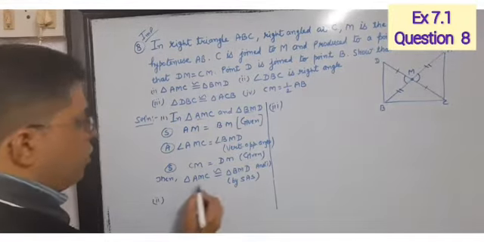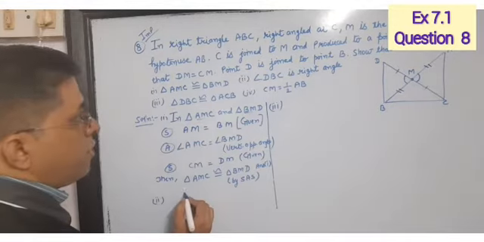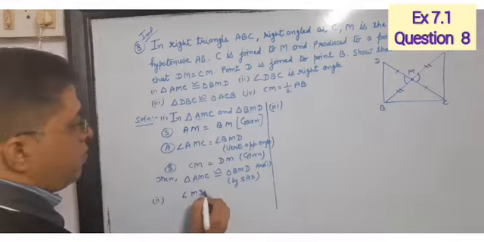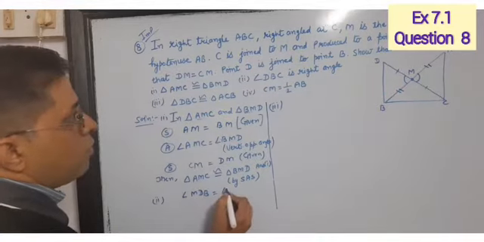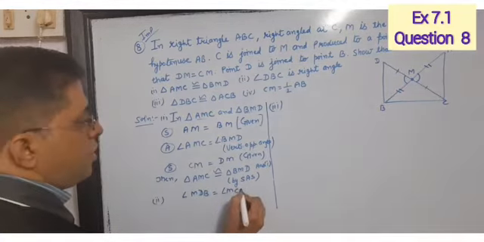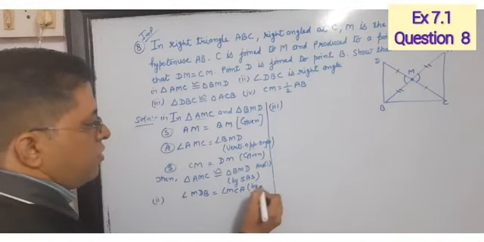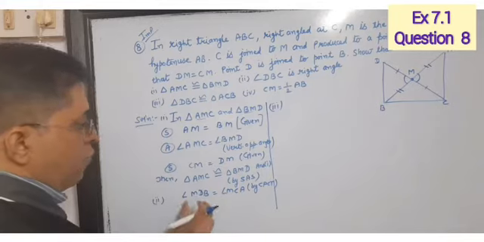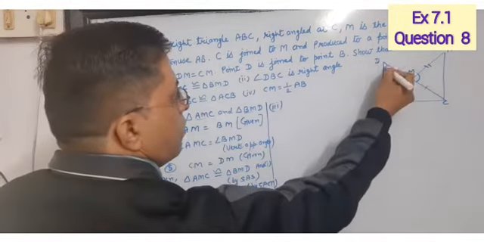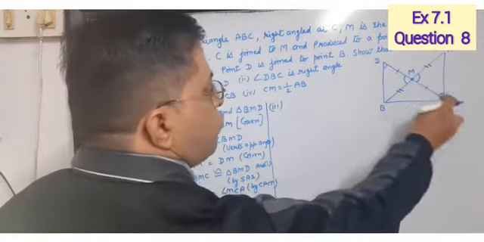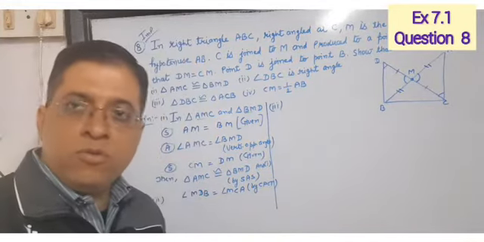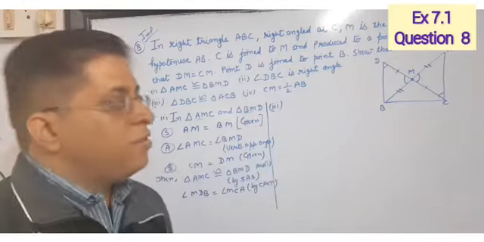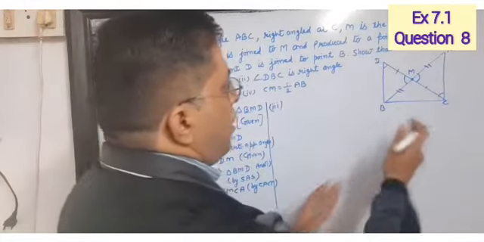If these two are equal, it means, by CPCT, angle MDB is equal to angle MCA by CPCT. I will use this: if both these angles are equal by CPCT, and these two are alternate angles also, then we can say these two lines should be parallel.